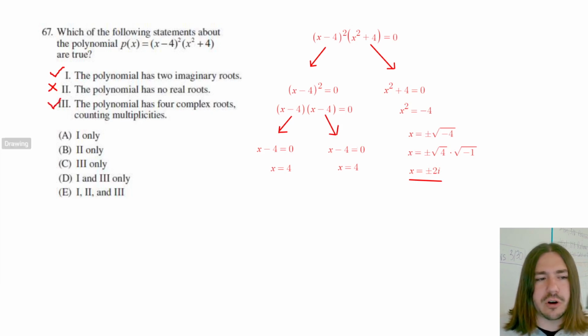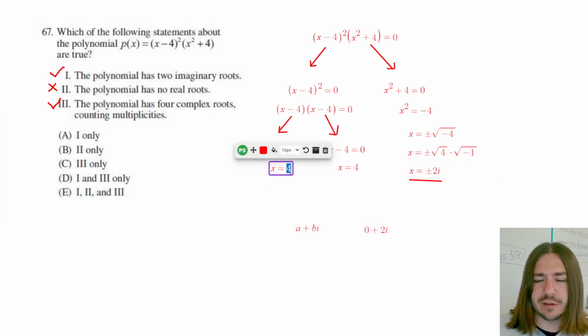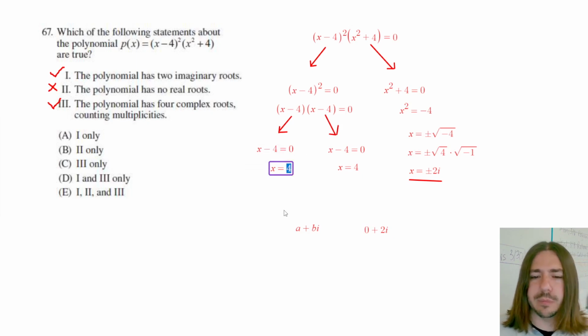Real numbers are complex numbers also. So if you're thinking about how these numbers are being classified, any number that can be written in the form a + bi is considered a complex number. Now you might be thinking, okay, I could write this as 0 + 2i, so that would be complex. But why would 4 be a complex number?